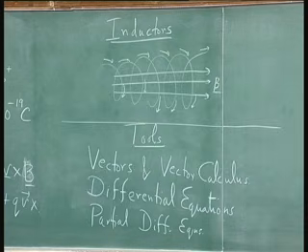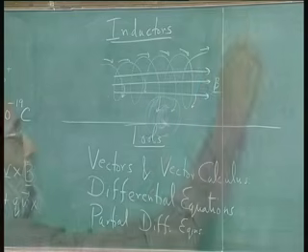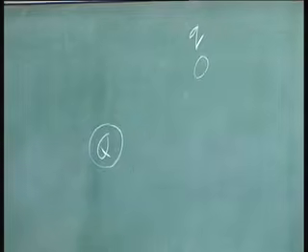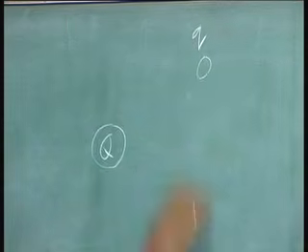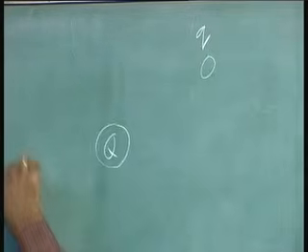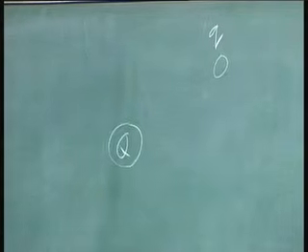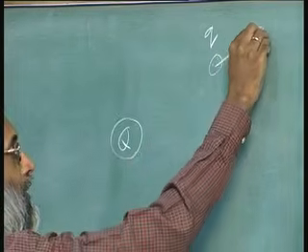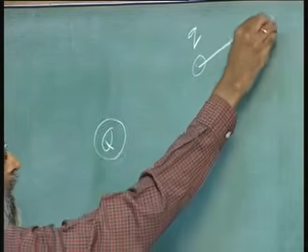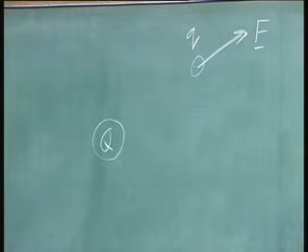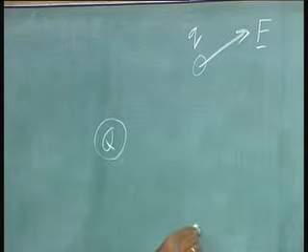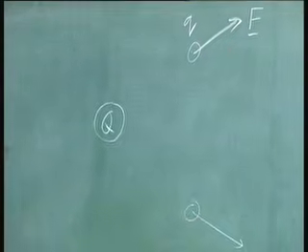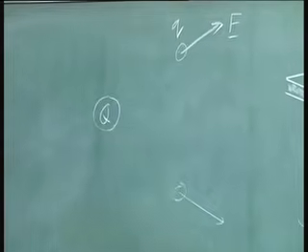For example, we say that if a charge Q is present and another charge small q is also present, then wherever we keep this small charge q, there is a force on it. If the charge q is kept here, the force is in this direction. But if I took the same charge and put it down here, the force is in this direction. That is what Coulomb's law tells us.